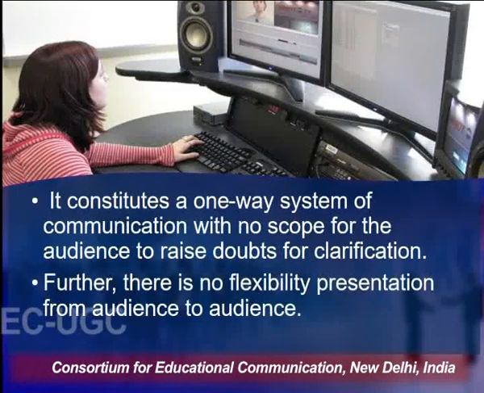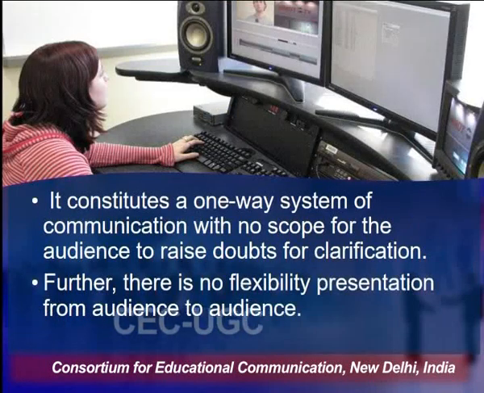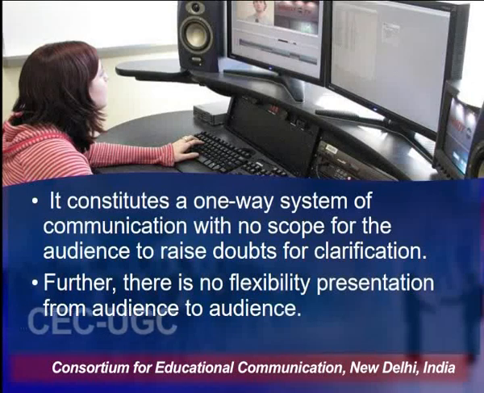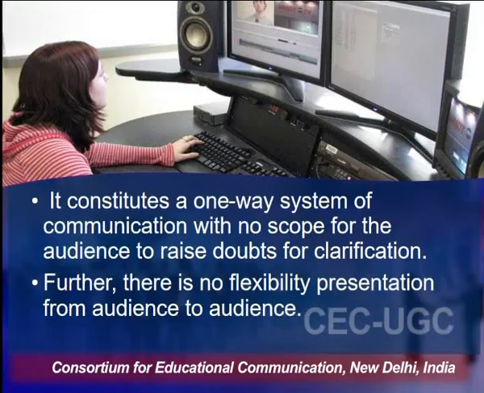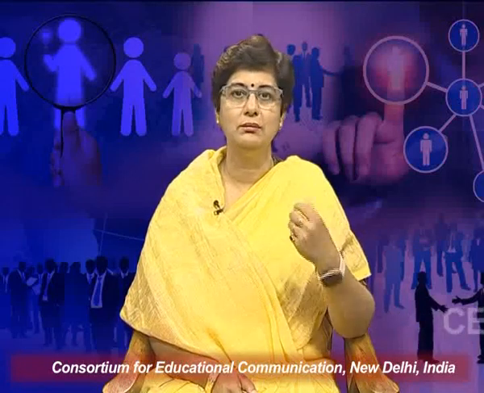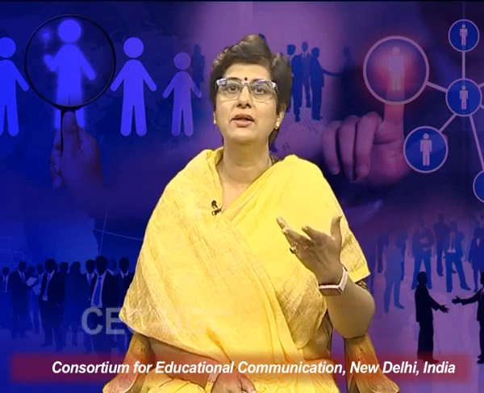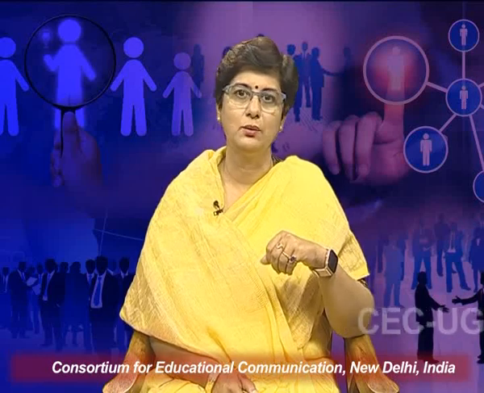Now what does audio visual constitute? Well, it constitutes a one-way system of communication, again with no scope for the audience to raise doubts for clarification. So if you are learning something through the internet or through a television series, it is again a one-way system of communication where the audience cannot raise doubts.